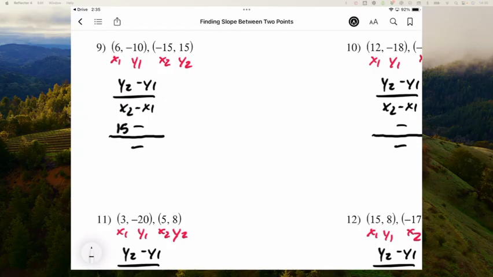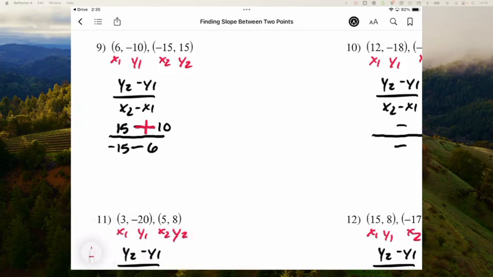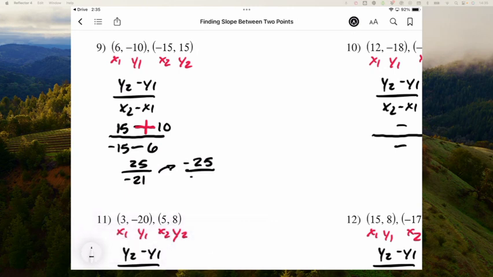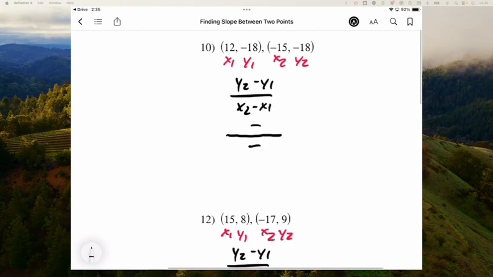So we've got 15 minus negative 10, negative 15 minus 6. We'll take care of that double negative. That's going to give us 25 over negative 21. We do not like having that negative in the denominator, so we're going to switch it to be negative 25 over 21. I'm going to go through these fairly quickly, so pause as you need to.